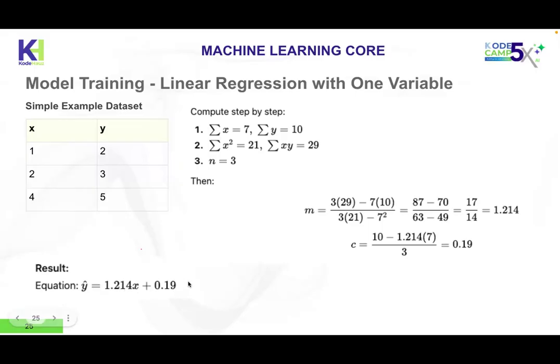This is the model. In fact, you can consider this as the trained model. It has two parameters, 1.214, which is the M, and 0.19, which is the C. And these are the values of the two parameters that will give you the least error. So you can say with this, I can do a good prediction.